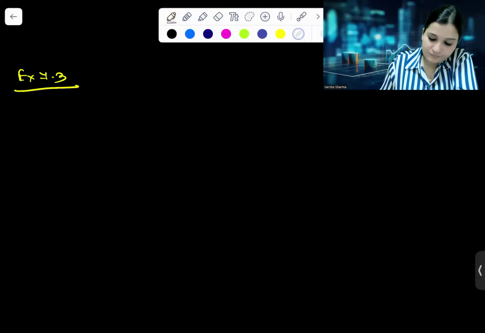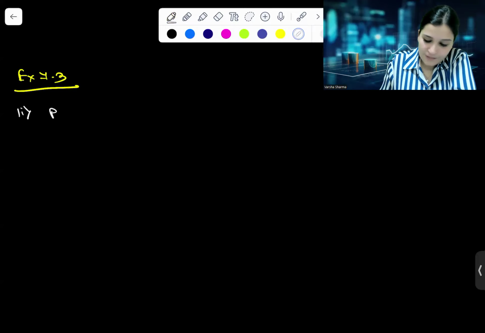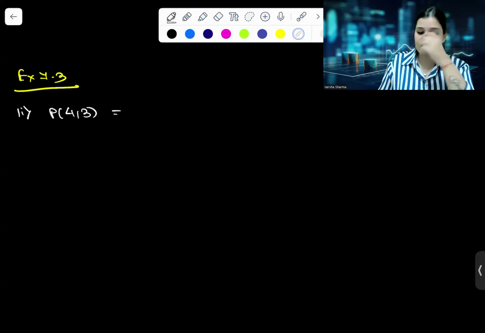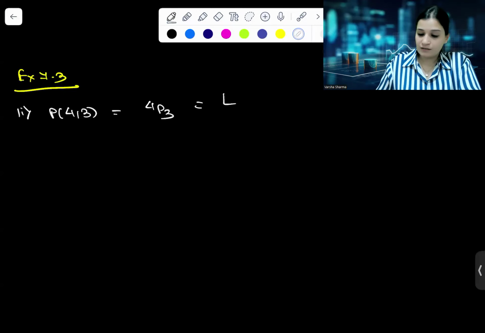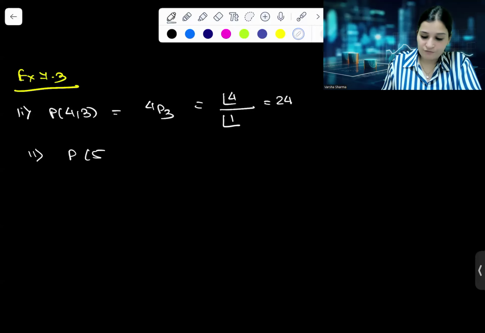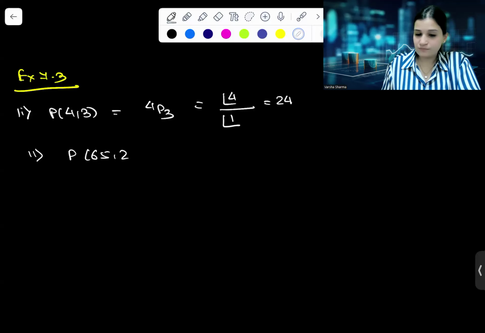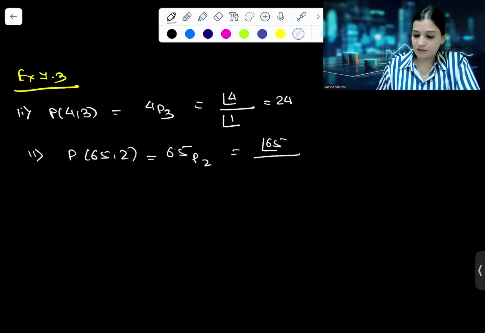Okay, question number 1. 4P3, that is factorial 4 upon factorial 4 minus 3, 1. So answer 24. Number 2, 65P2. So factorial 65 upon factorial 65 minus 2, 63.